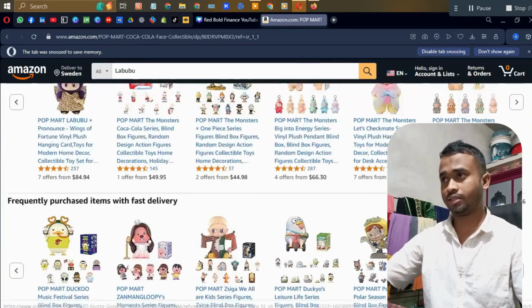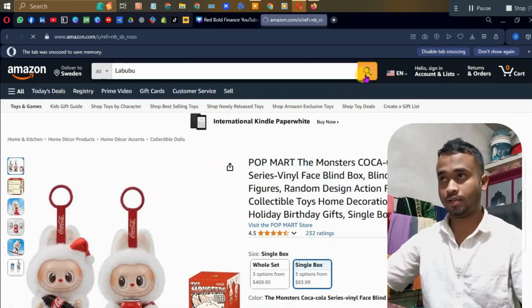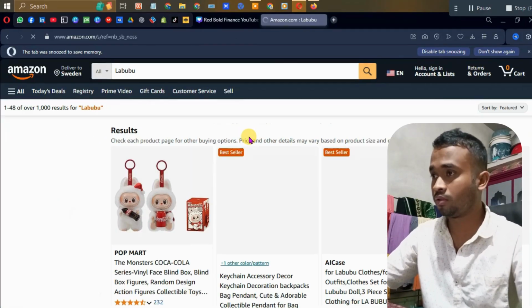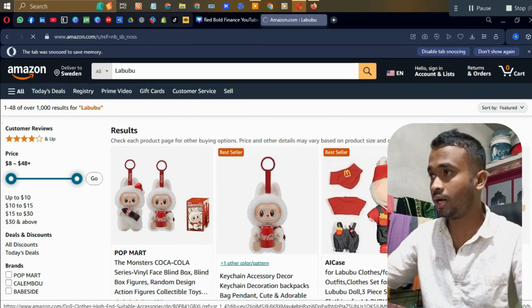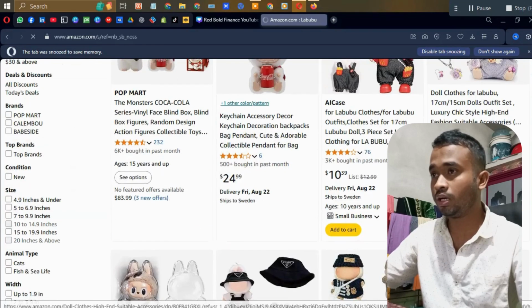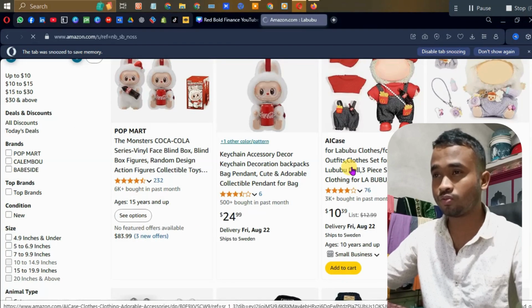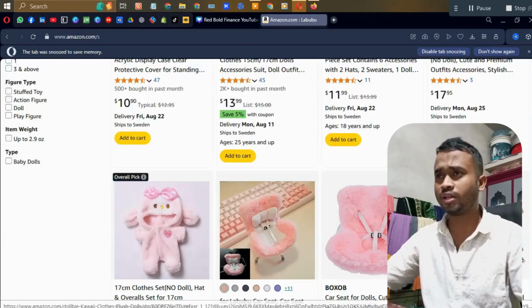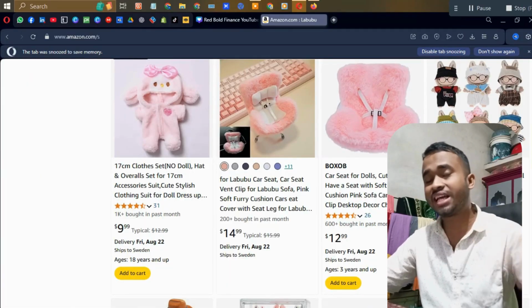If we go to the search results for Labubu, we will see a lot of variations: the doll clothes for Labubu, keychain accessories, and this one is a protective case for Labubu clothes. So this is a very interesting product, and worldwide it has very high demand.